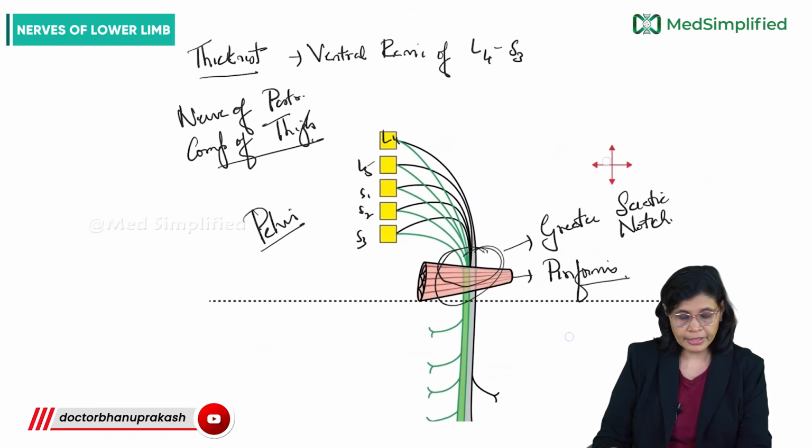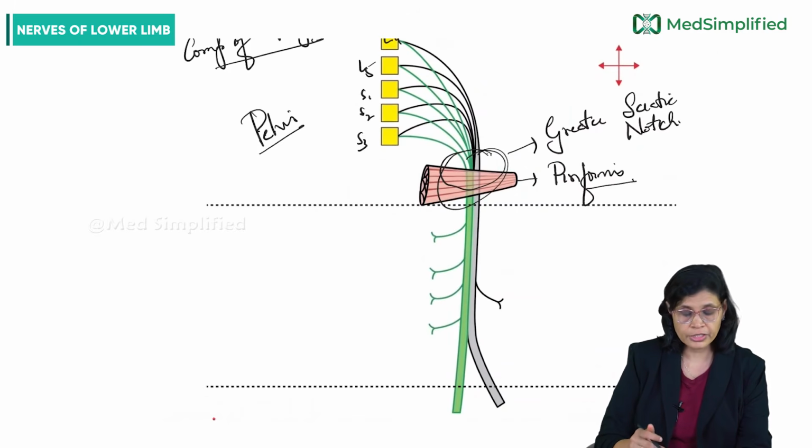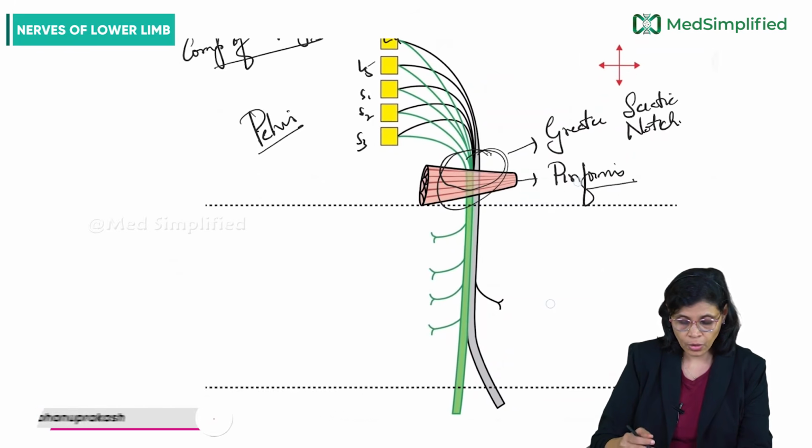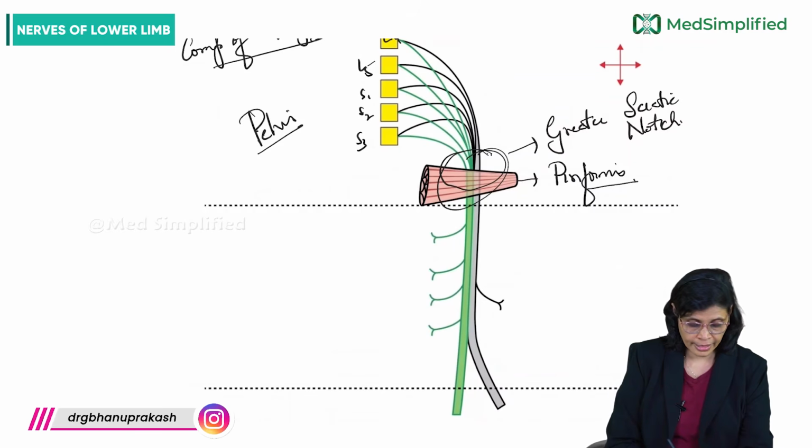So here it will descend. In the gluteal region it will descend between the ischial tuberosity and the greater trochanter of the femur, along the back of the thigh.